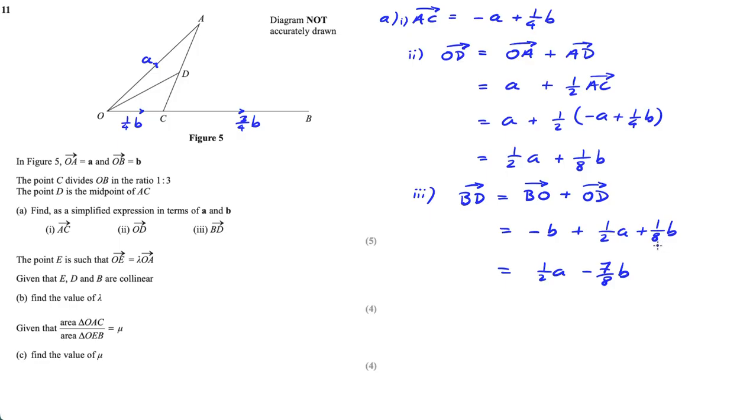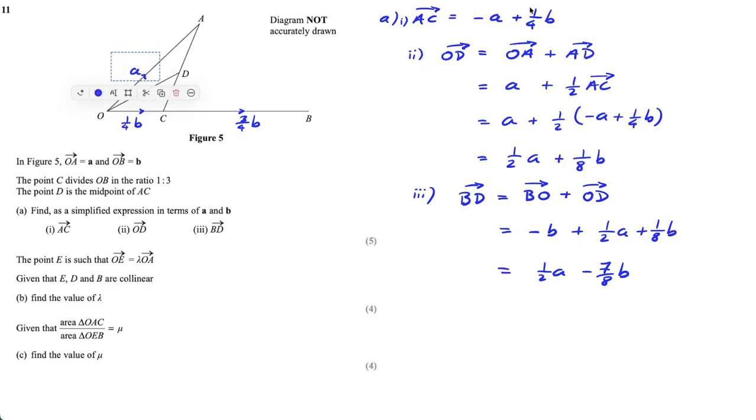Part B. It says the point E is such that OE equals lambda OA. So E is somewhere on this. Okay, and he says E, D, B are collinear. So that means there's a line, guys, from B through D through E. Let me just move this somewhere here.